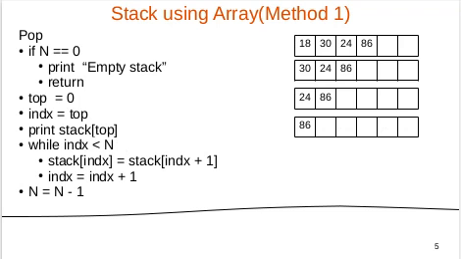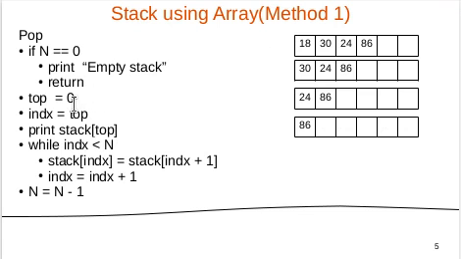Now when we insert at this end, we have to delete from this end. When we want to delete an item from a stack, we have to check if the stack is empty or not. If the number of elements is 0, then the stack is empty, then we return from the function.